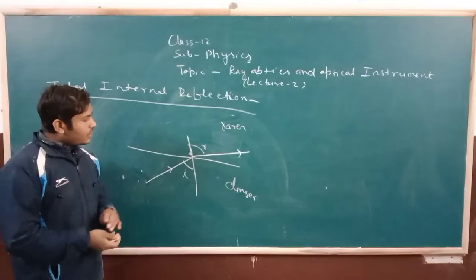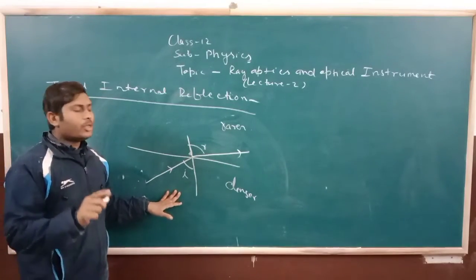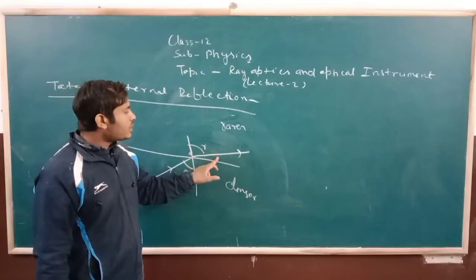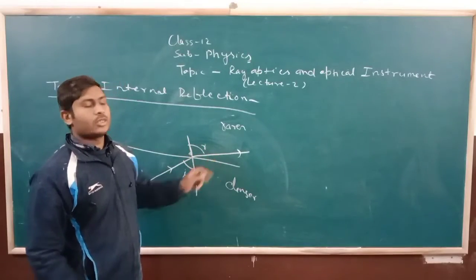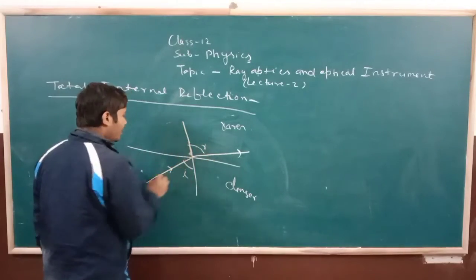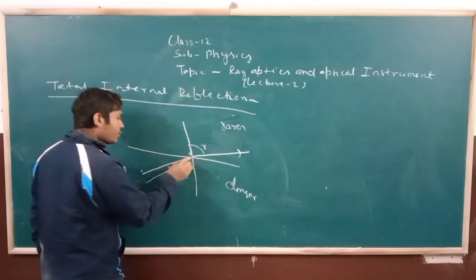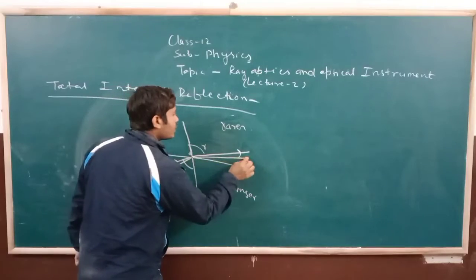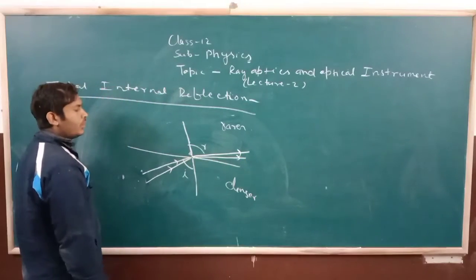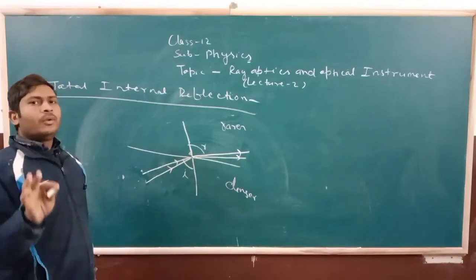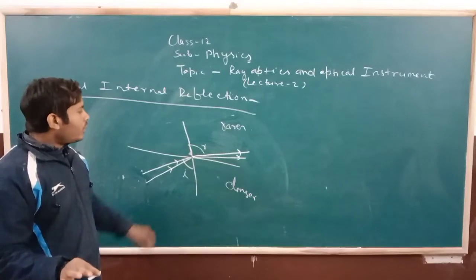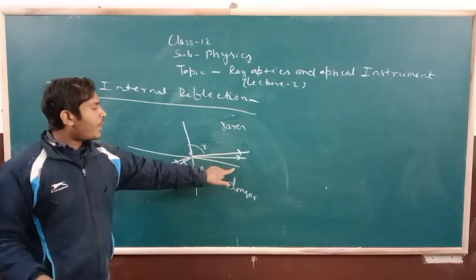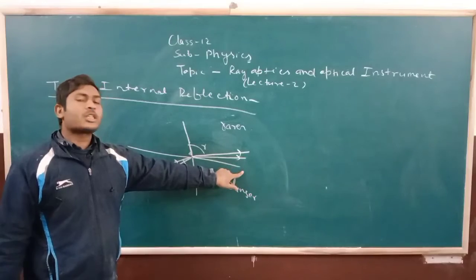As we increase the incident angle, the deviation from the normal of this refracted ray also increases. So in this case, I am slightly increasing the incident angle, so this deviation will also increase from the normal. At a certain angle, the ray emerges parallel to the surface.